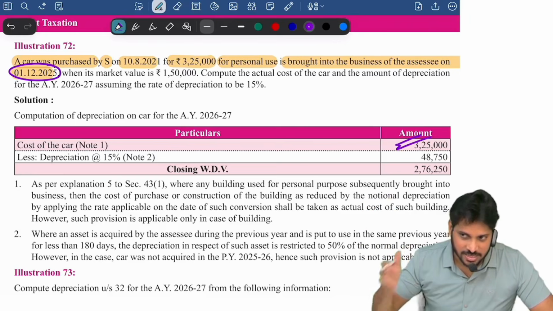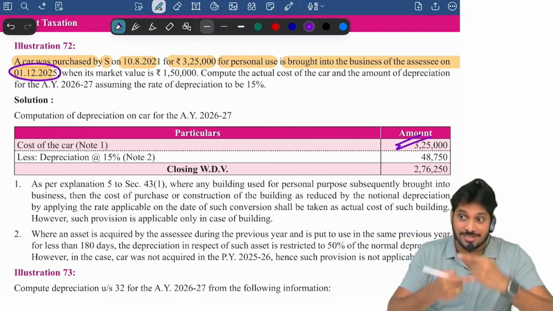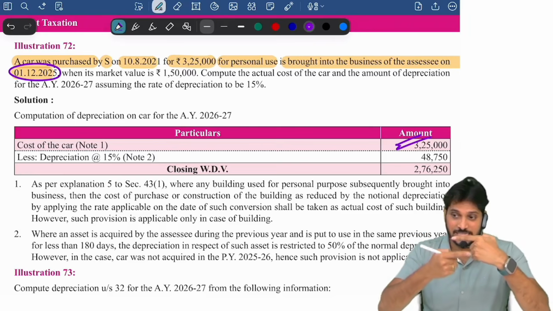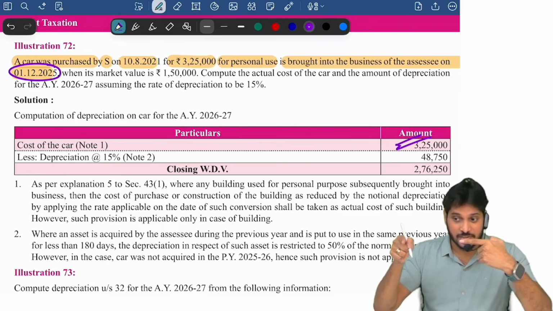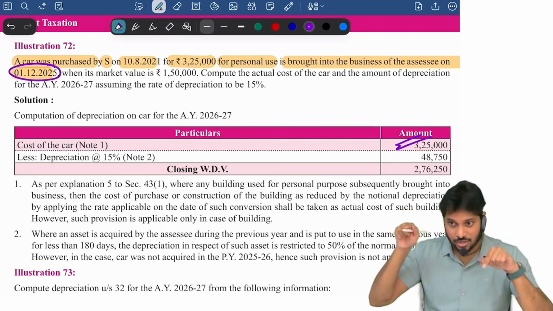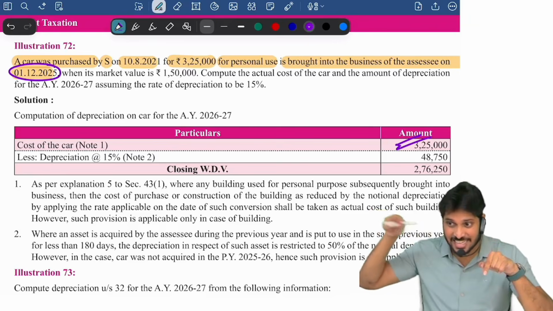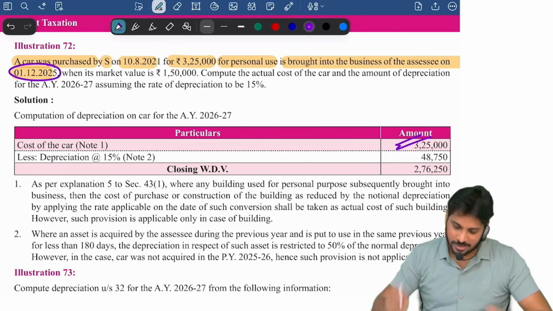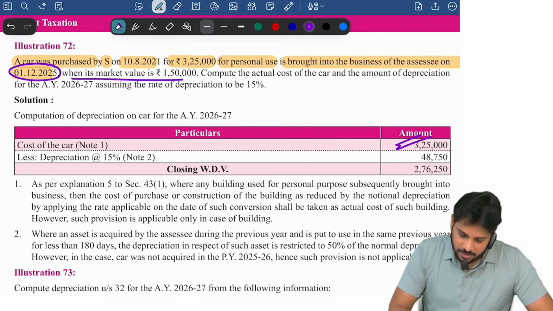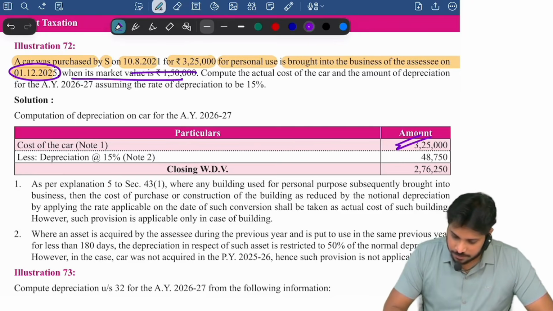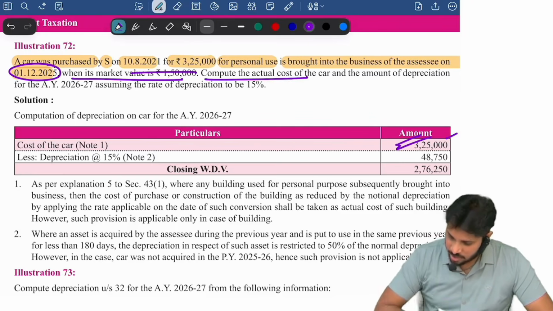I will record 3,25,000 in the block. In our book it is clearly given, Explanation 5, buildings, other assets, where I struck through actual cost minus notional depreciation. The market value information is irrelevant. Compute the actual cost, 3,25,000.